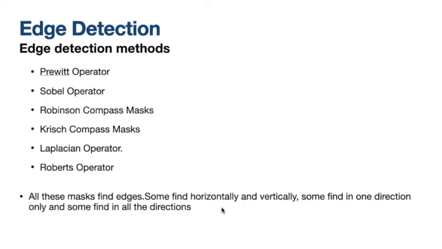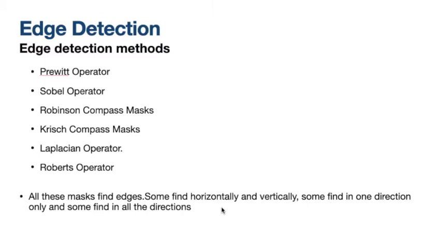And there are different methods to find edges. They are the Prewitt operator, Sobel operator, Robinson compass mask, Kirsch compass mask, Laplacian operator and Roberts operator, and all these masks find edges.